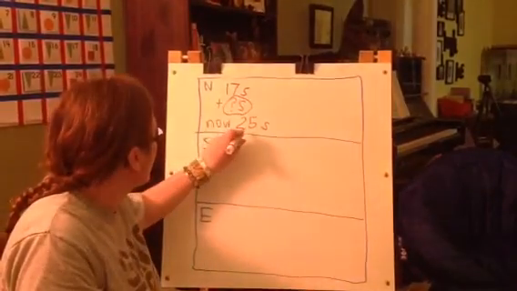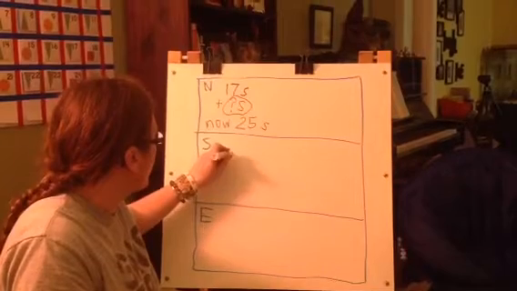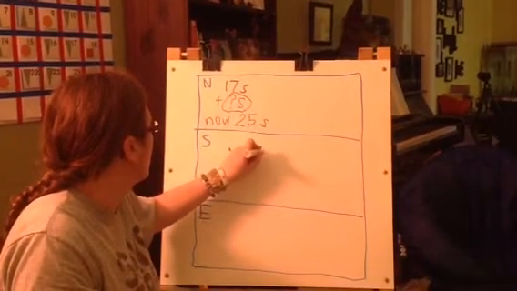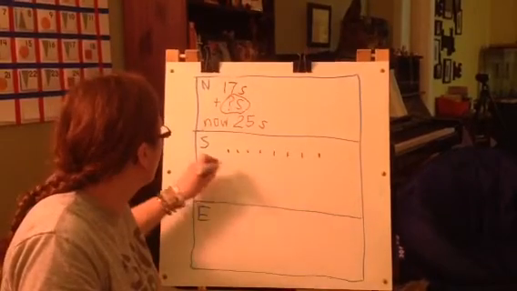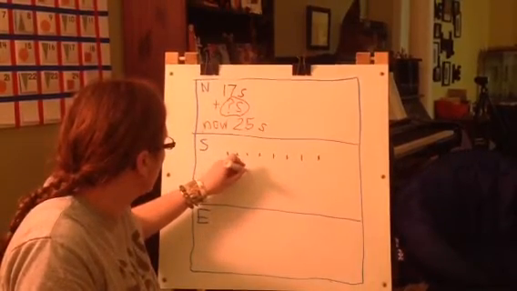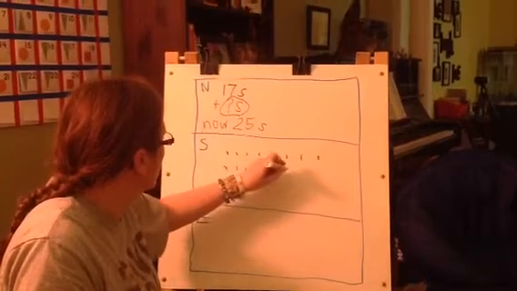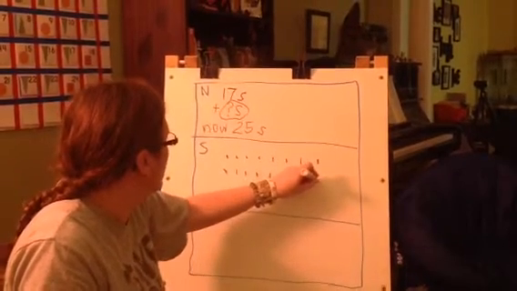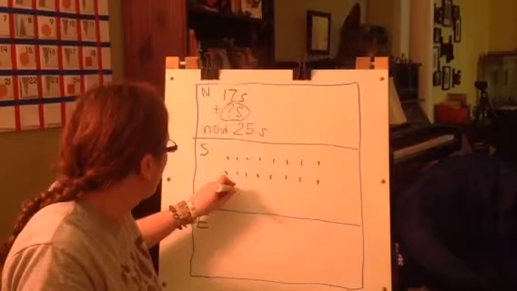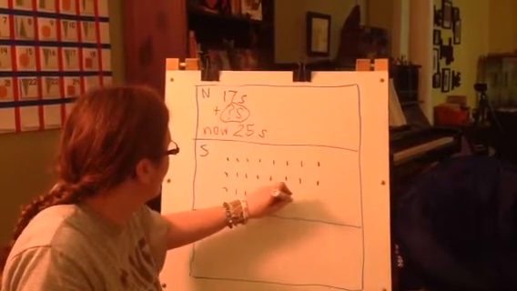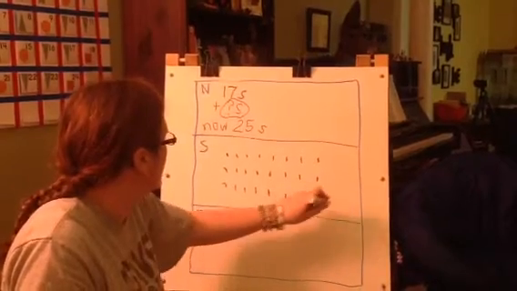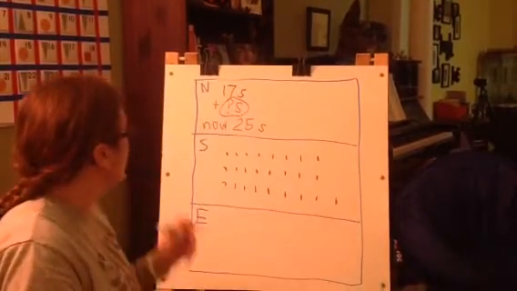I'm going to start by drawing all 25 of the shells. There's 25 shells.